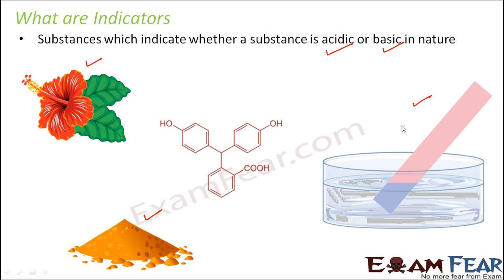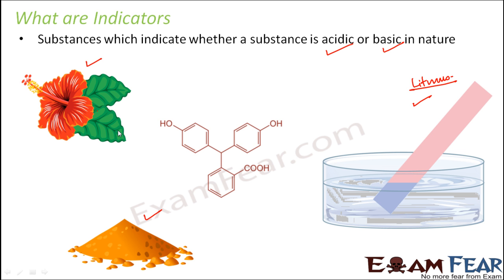Lichen is mostly seen on the bark of trees, and it is a symbiotic association between algae and fungi. From those lichens, this dye is obtained, and it is called litmus. From that litmus, we obtain litmus paper, and this litmus paper also shows a change of color when it comes in contact with an acidic or a basic substance. So these are some examples of naturally occurring indicators.